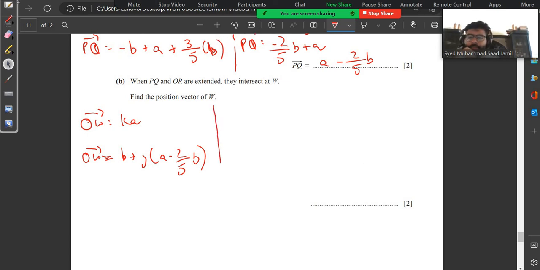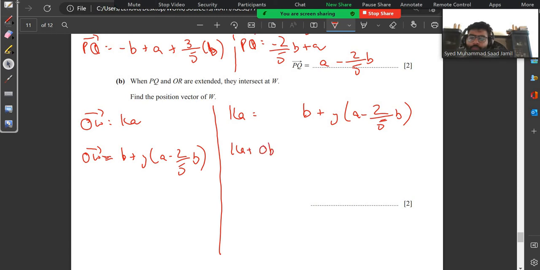K times A is equal to B plus Y times (A minus 2 upon 5 B), so we have KA plus 0B is equal to B plus YA minus 2 upon 5 YB. Alright, then you solve for it.